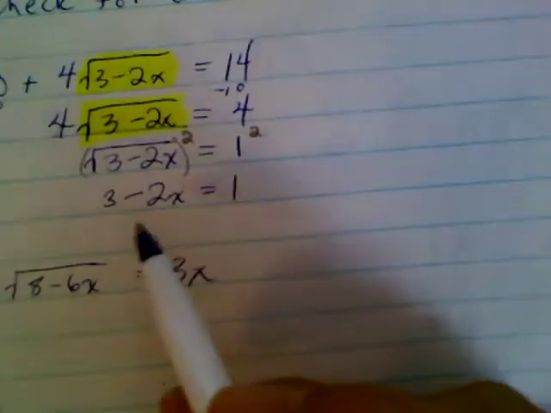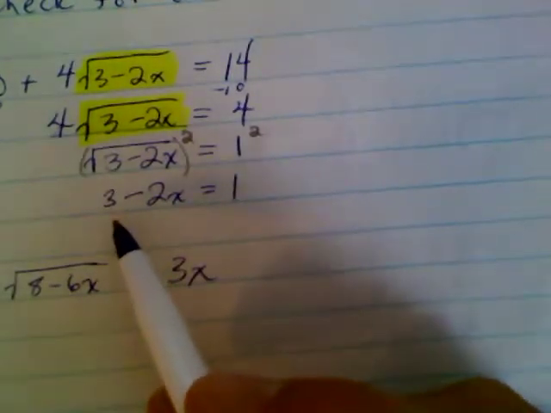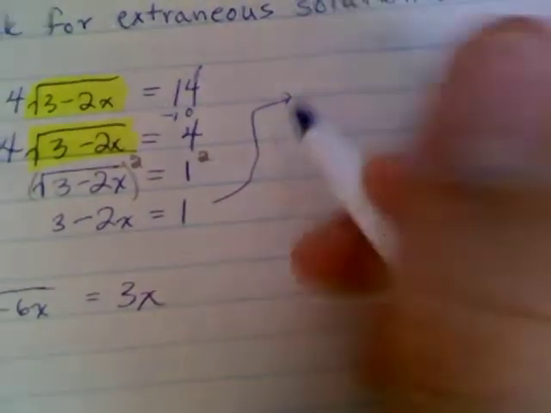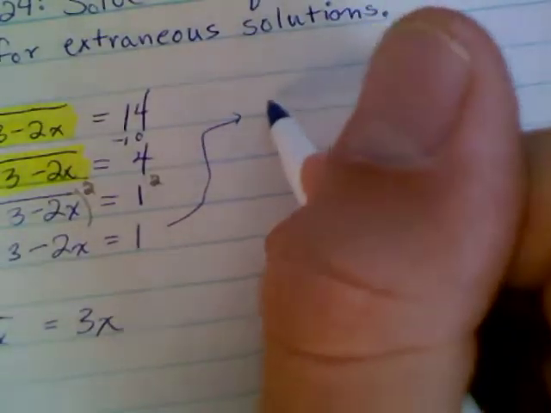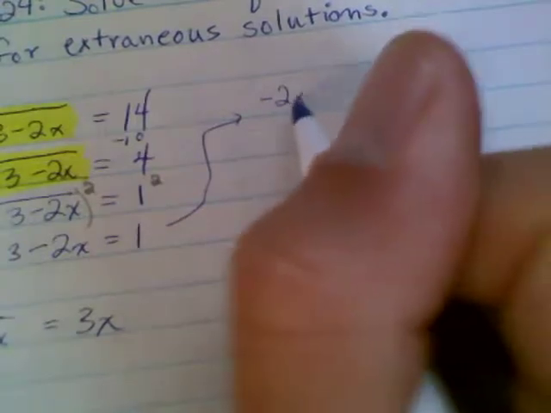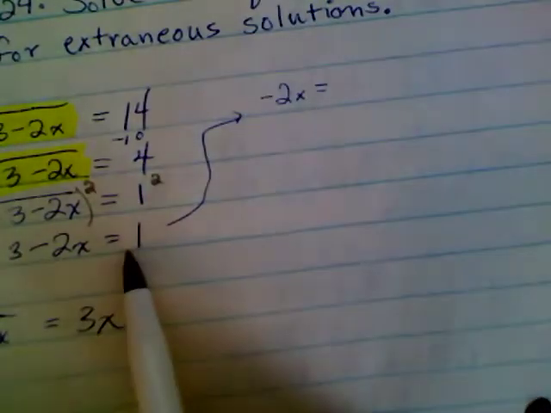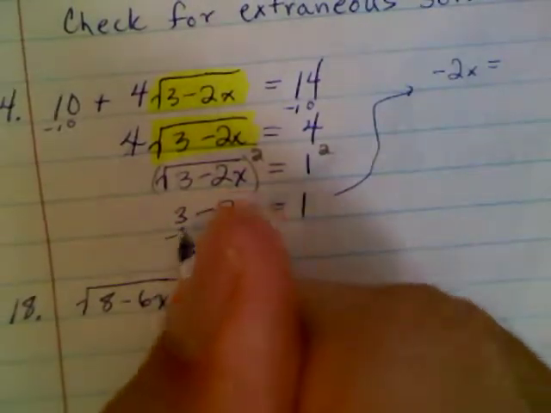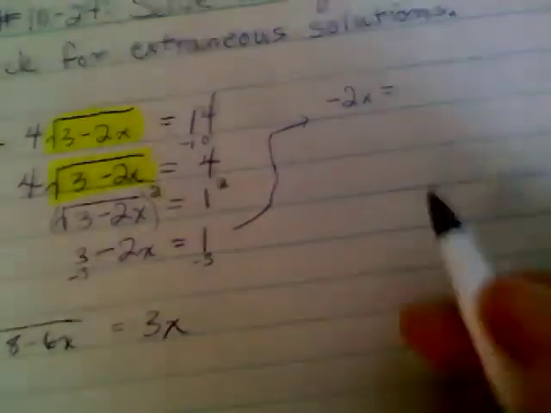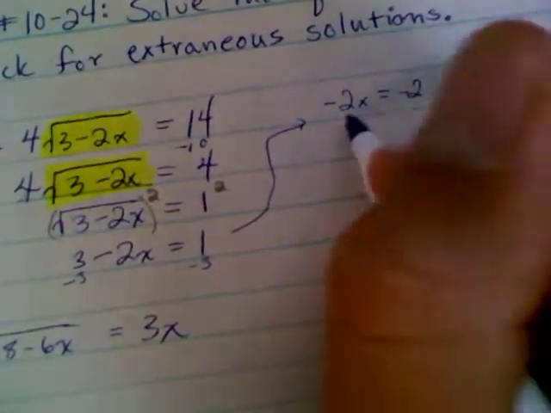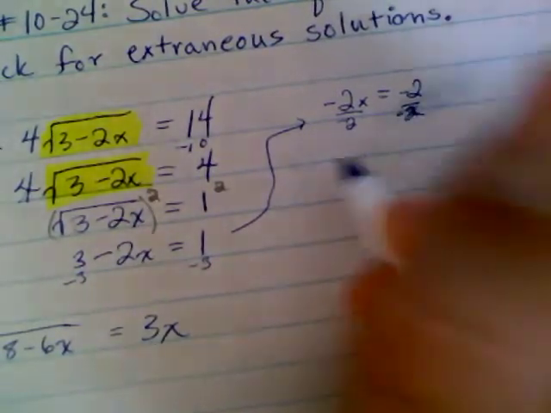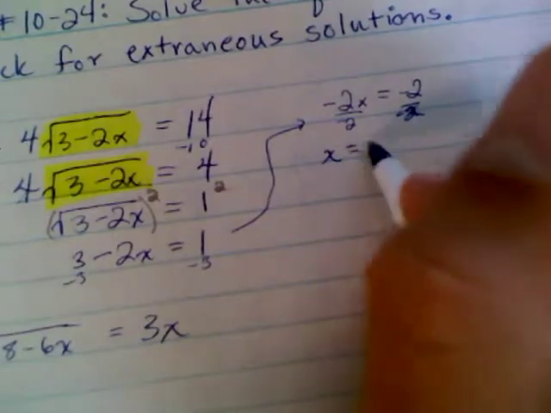And now we get to solve this just like it was a linear equation. Subtract 3, so negative 2x equals 1 minus 3, which is negative 2, and then divide by negative 2, and you get x equals positive 1.